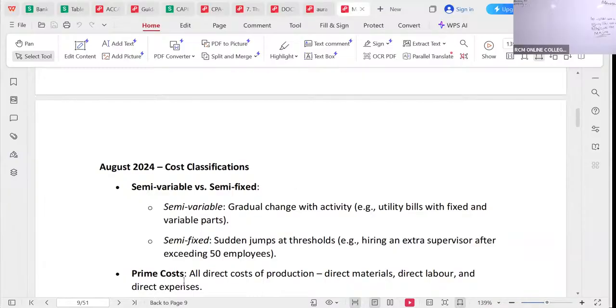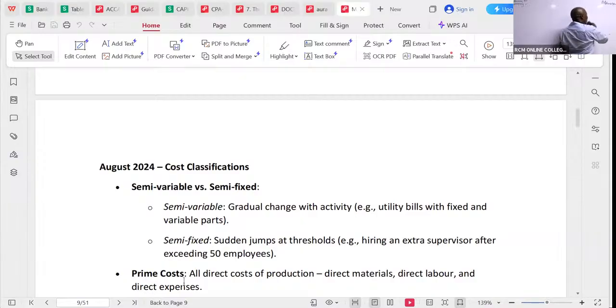Look at prime costs. Prime cost comes from the word what here? Primary. Primary is the most important, basic education. Prime costs are those costs that are what here? Direct costs, yes, directly associated with what is being produced. Those are prime costs. So prime costs are variable costs as well.